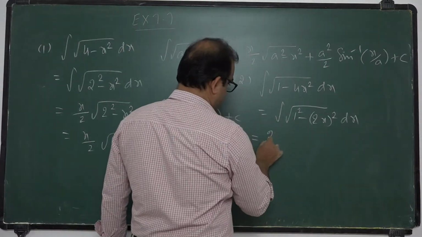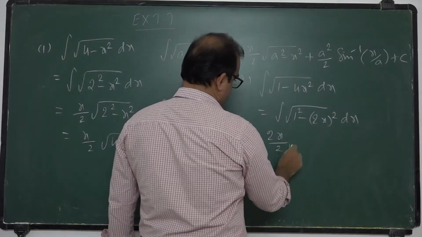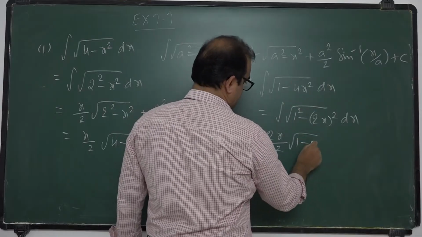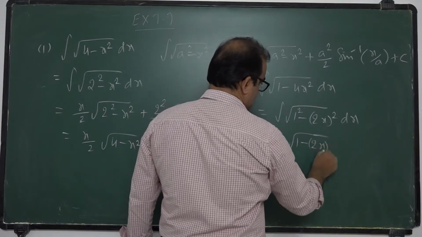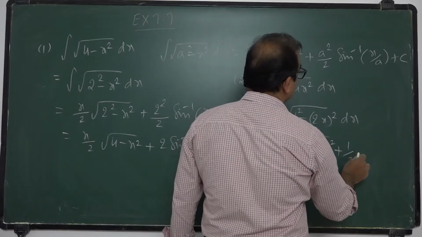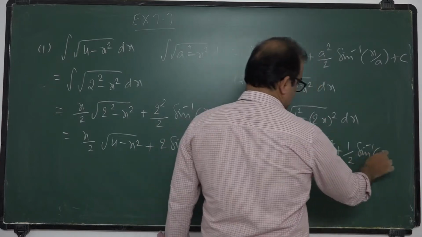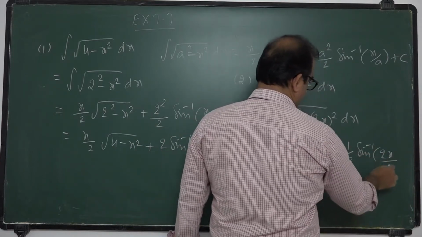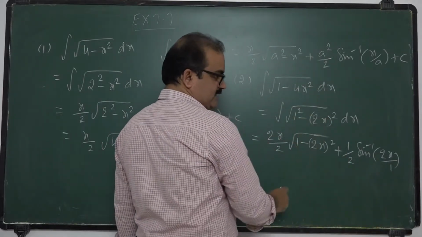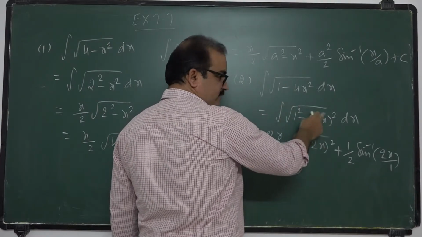x by 2, what is x? 2x by 2 into root of a square minus x square, that is 1 minus 2x whole square, plus a square by 2, that is 1 by 2, into sin inverse x by a. x is 2x, a is 1. Here in place of x there is 2x, so apply that formula and divide by the derivative of 2x.